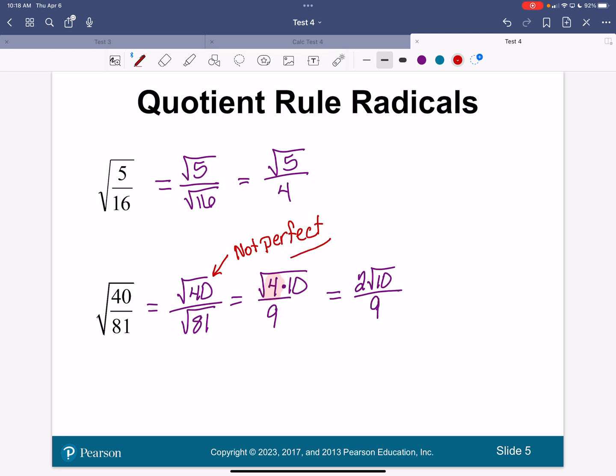And that's what this is right here, a perfect square factor of 40. Okay, and again, that is something that we will practice a lot more next week, is pulling out those perfect square factors.